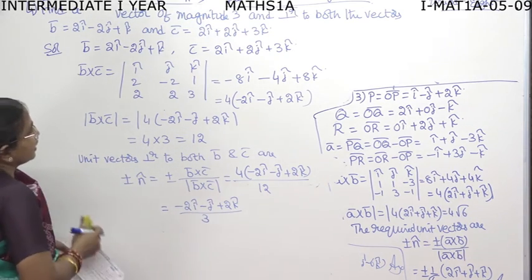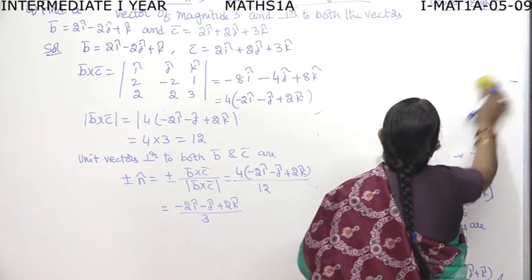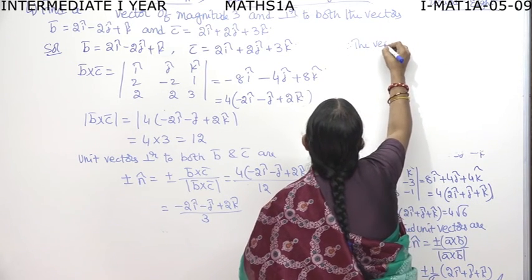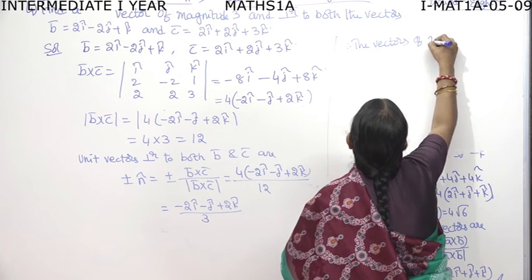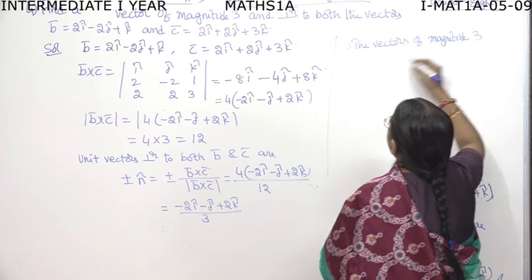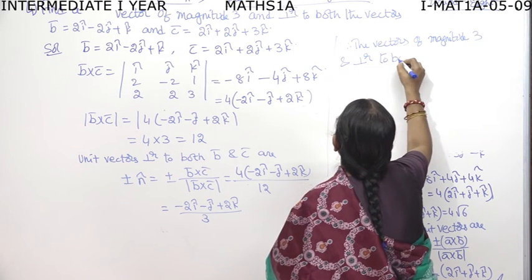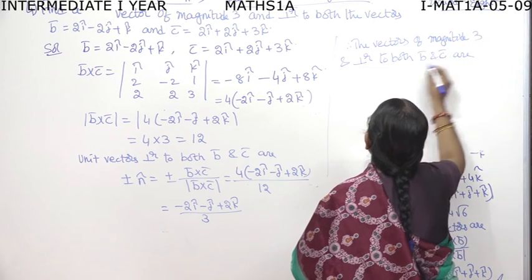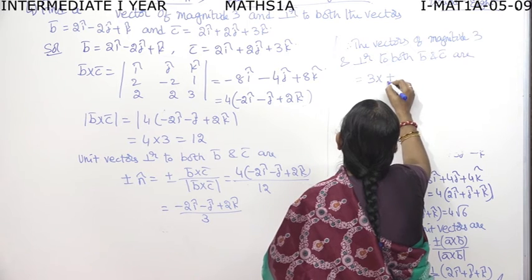Now we'll write, therefore the vectors of magnitude 3 and perpendicular to both b and c are equal to 3 into plus or minus n cap.